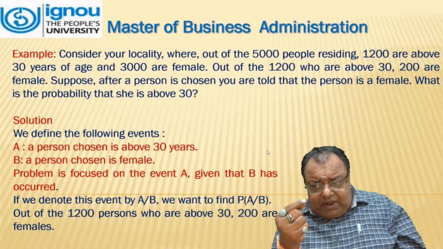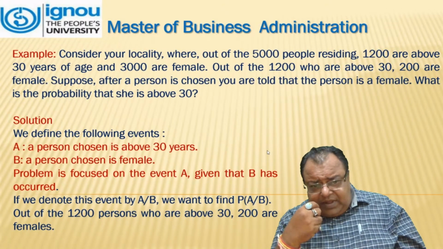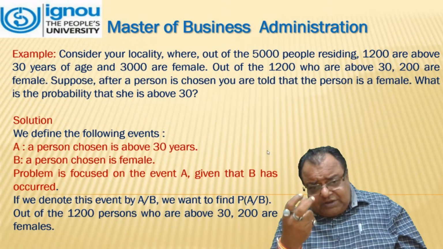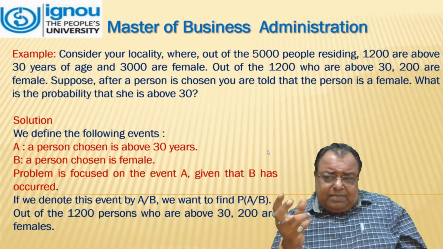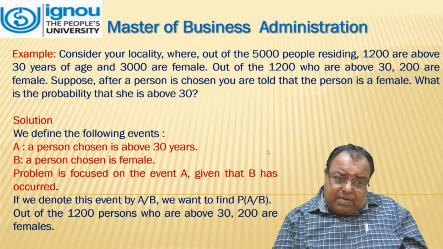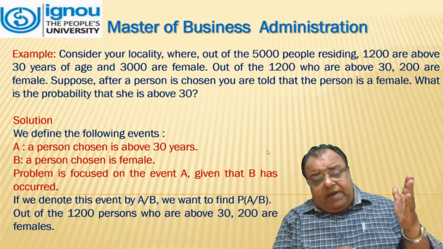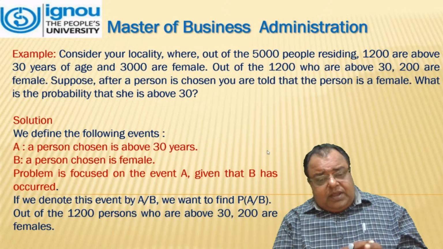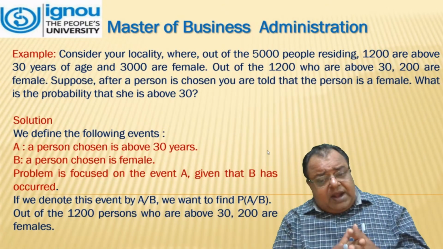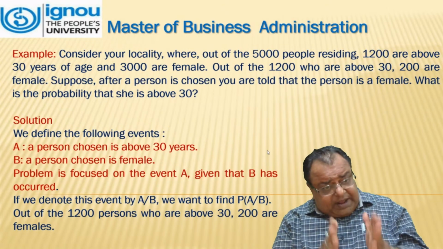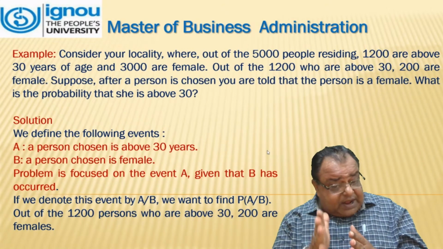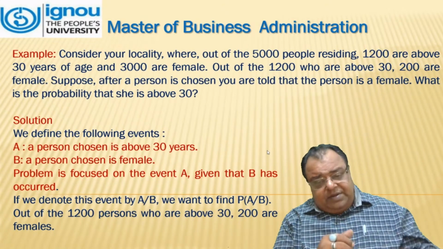Now, going back to the last statement of the problem: if after a person is chosen, you are told that the person is a female, what is the probability that she is above 30? That means we can see that event A has to be considered under the condition that B has occurred.